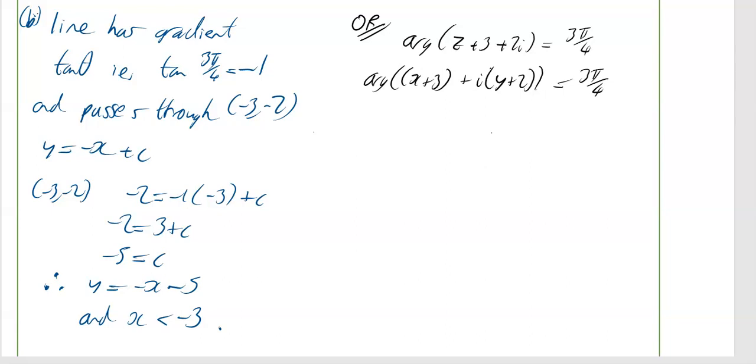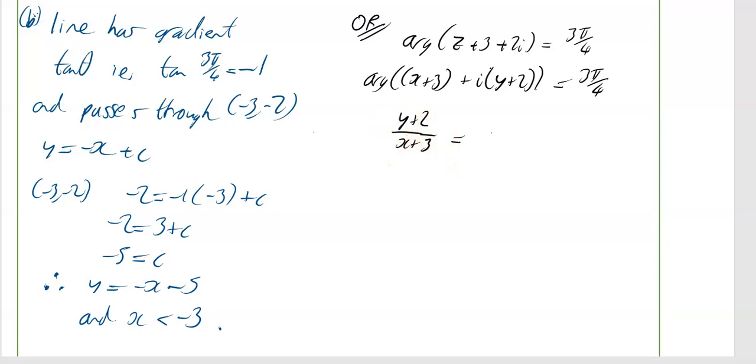So what that means, the argument of this thing, this really means you've got y plus 2 over x plus 3. That's my gradient, because this means I go y plus 2 up, and I go x plus 3 across. That's my rise over my run.